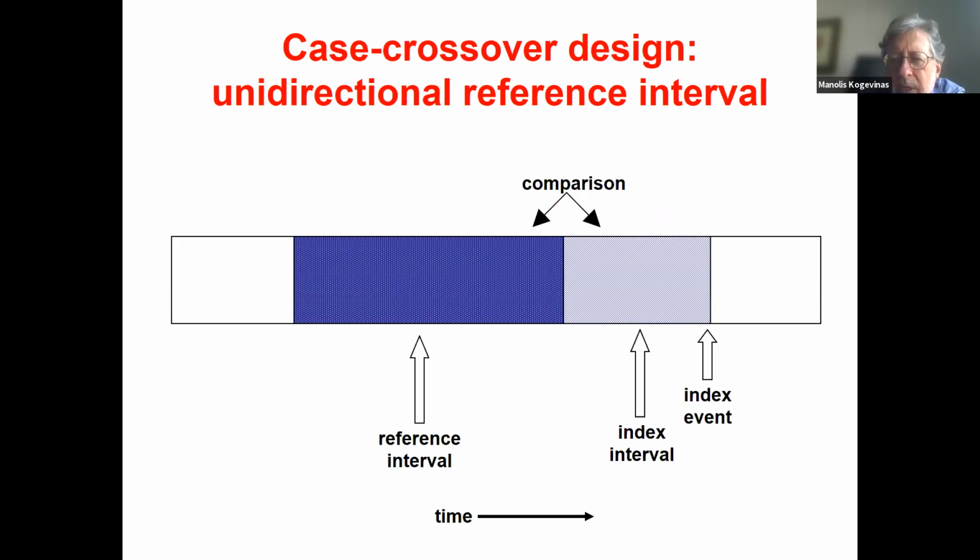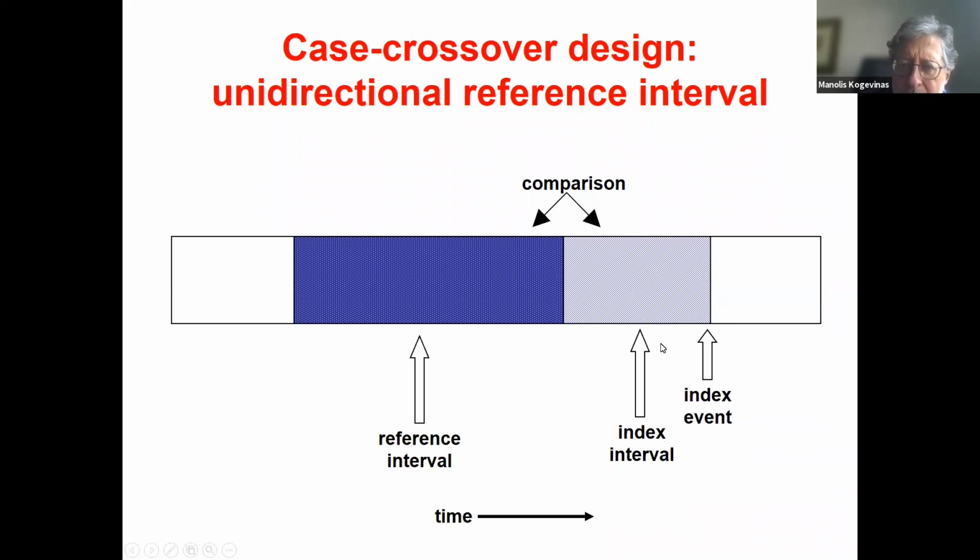So what are we doing? We have an event, say an accident, and we look at what happened before the accident, the index interval. Was there ventilation? Were they using gloves? Were they taking other protective measures?